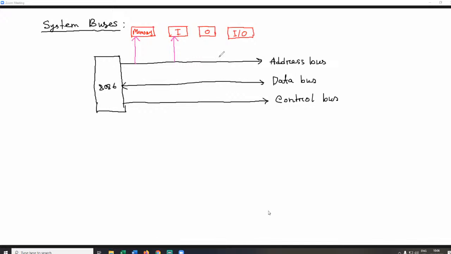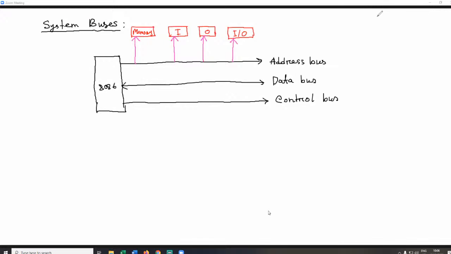And what about output device? In output device also the processor will send address. What about input output device? Here also the processor will send address. Okay, so we are done with address bus.